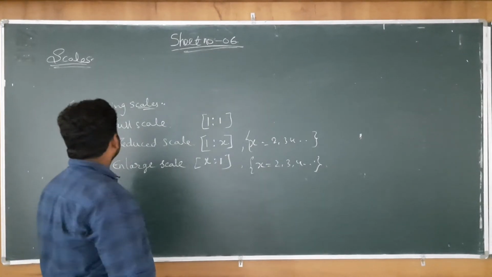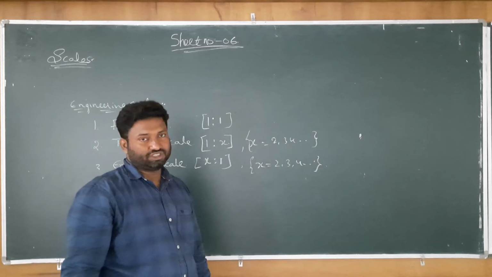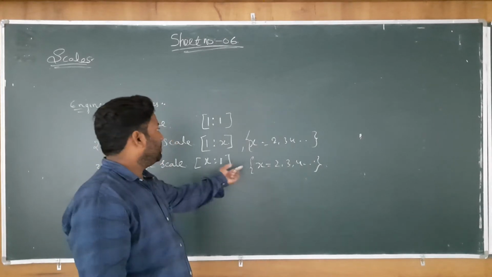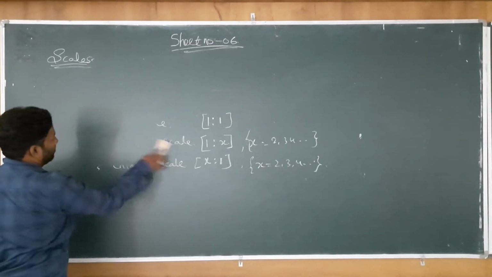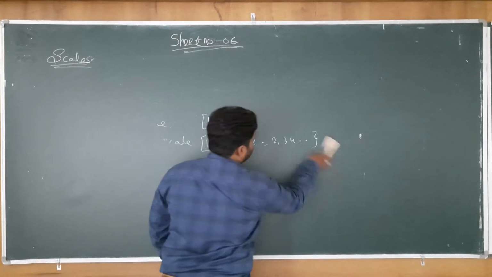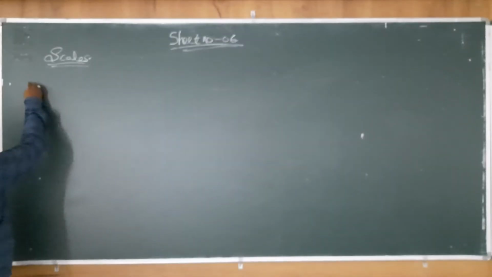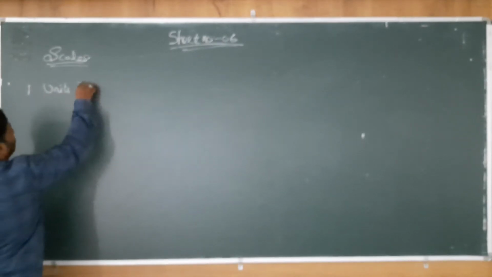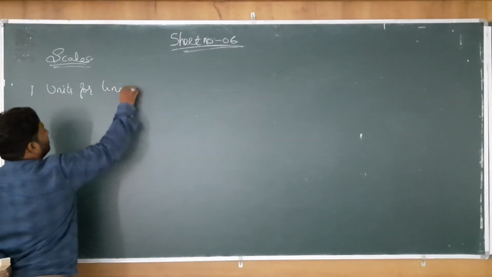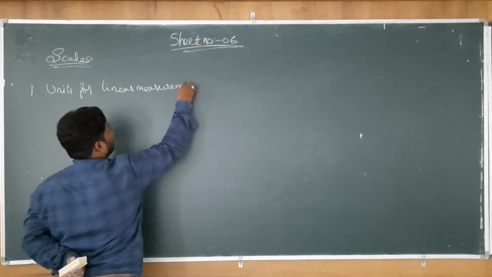Now, after the completion of this engineering scale, we have to learn units for linear measurement. Linear is nothing but a straight line. Whenever we want to draw the diagram, we have to give some values, so we have to know those values first. The next is units for linear measurement.